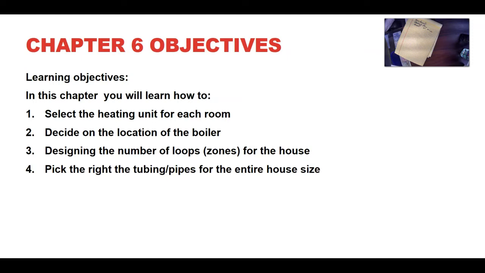Pick the right tubing and piping for the entire house size. We'll see why we need to pick the right tubes and not just always go by the same size, and why it matters. If we are talking about water circulation, it's kind of similar to an electrical circuit, and we know that large pipes have less pressure loss.